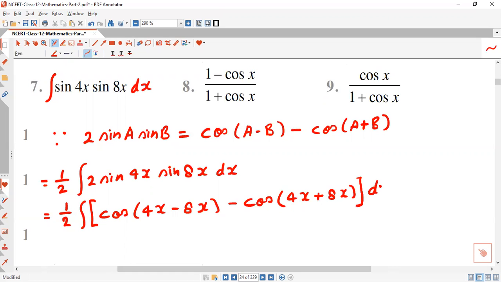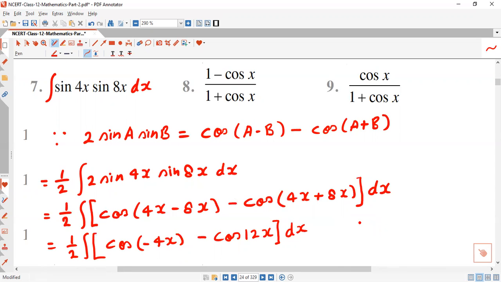We are taking the integration. Half, simplify this one because we need one more simplification: cos(minus 4x) minus cos 12x dx.